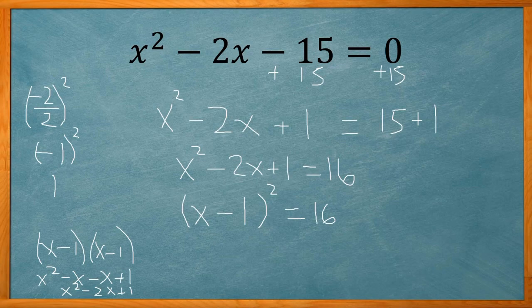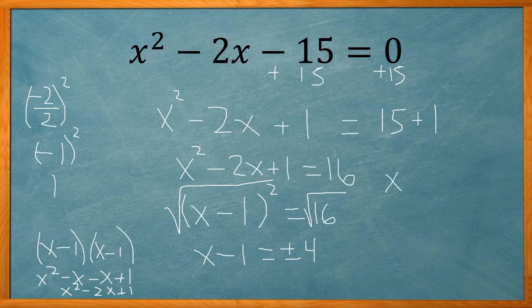Now with this being a square, I can take the square roots of both sides. The square root of x minus 1 squared just leaves you with x minus 1. And then the square root of 16: we know that 4 times 4 is 16, and negative 4 times negative 4 is 16. So it's going to be plus or minus 4, either of those two answers. Now in order to solve, I use both of those answers.